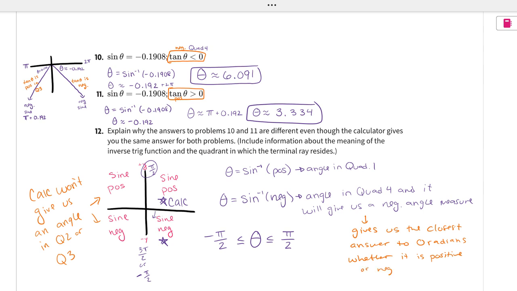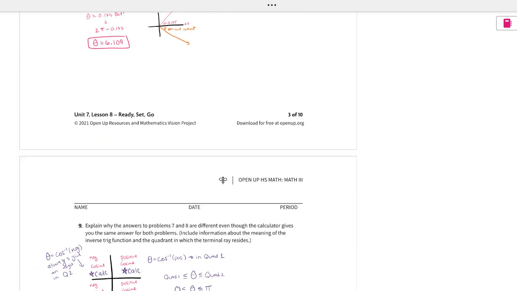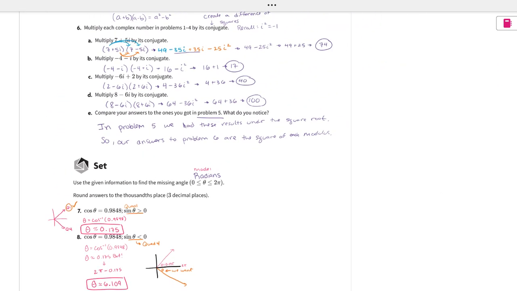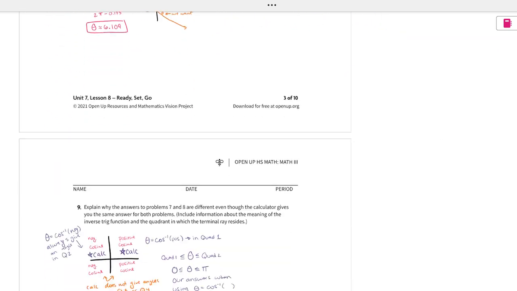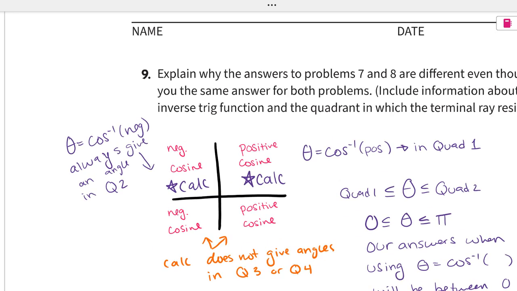Now that wasn't an issue with cosine, because for cosine, the positives and negatives were in quadrants 1 and 2. If we flip back up to cosine really quickly, right here, this distance is just as far as this distance.